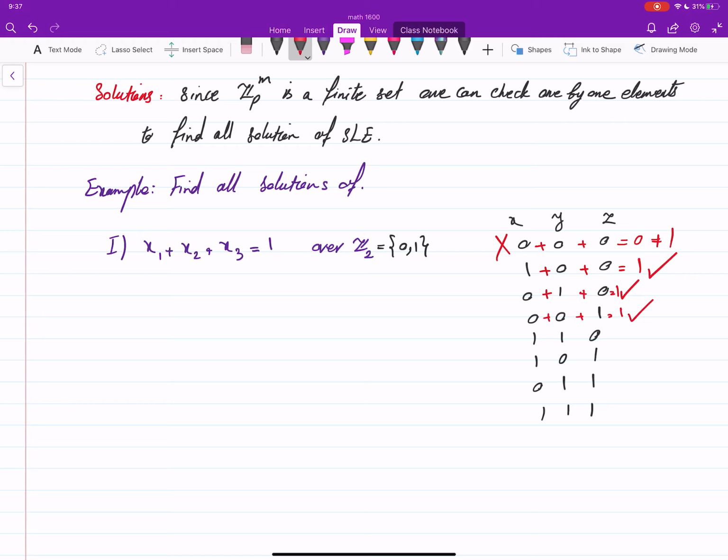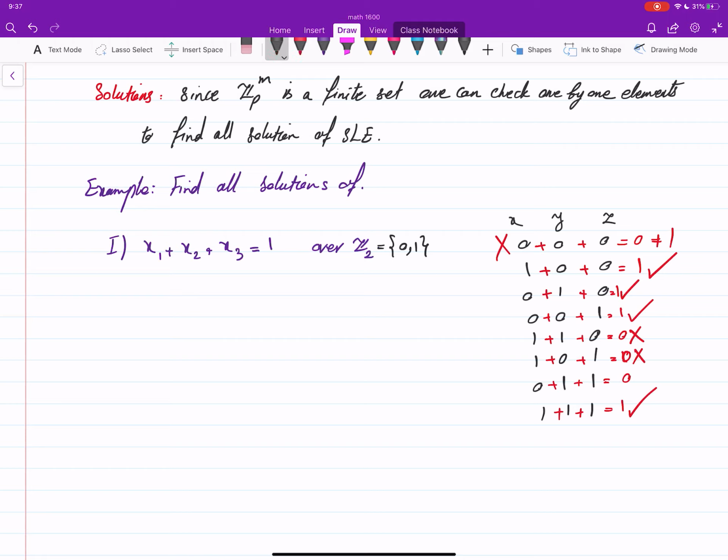How about this one? 1 plus 1 is 2, and in Z2 we don't have 2, it means it is 0. So this is not a solution. How about this one? Again, 0, not 1, so this also fails. How about this one? Again 0. How about this one? 1 plus 1 in Z2 is 0, plus 1 is 1. So this is also a solution.